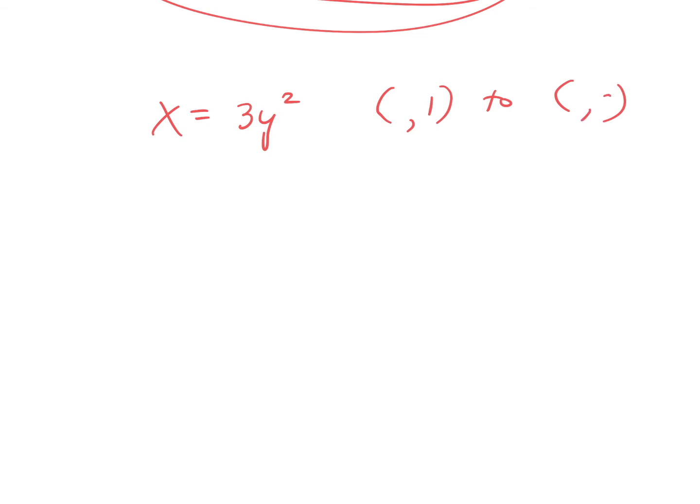And I'm going to start with my y numbers and show you I'm going between 1 and 2 on my y numbers. They would have had this connecting word from. So what if x is equal to 3y squared from 3 comma 1 to 27 comma 2?